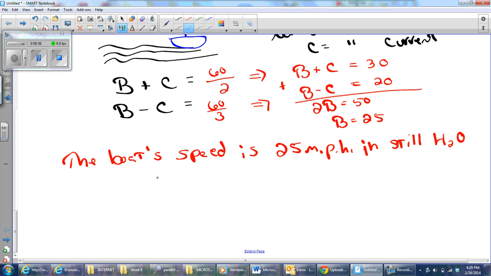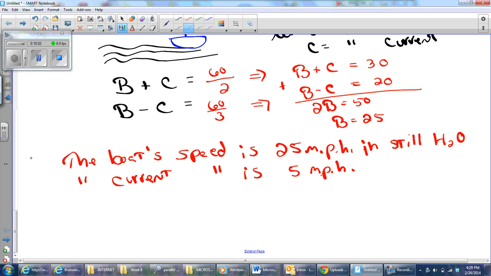Okay, now just to figure out the current, well, it's pretty much the same thing. All I need to do is plug it into one of these two equations. I mean, the guys are so smart. I think you could tell me that it's 5 miles per hour. Okay, the current speed is 5 miles per hour.